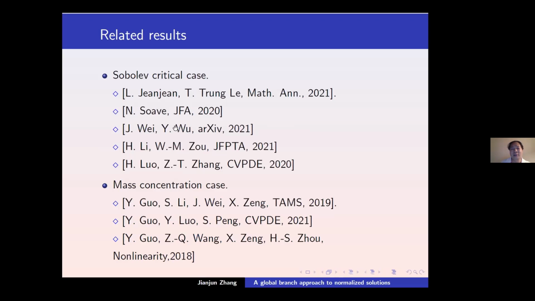In this paper, the 3-dimensional case is also considered. Professor Zhang and Luo then considered a fractional case for the normalized solution. Also Professor Guo, G. Q. Wang and Professor Peng also consider the mass concentration problem.